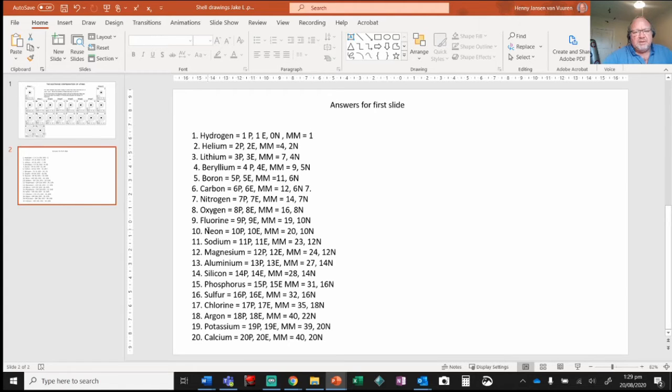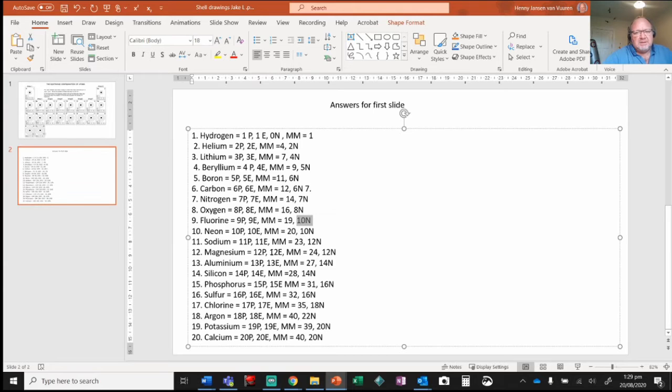Let's look at neon: 10 protons, 10 electrons, molecular mass of 20, and that means it's got 10 neutrons. Fluorine: 9 protons, 9 electrons, molecular mass of 19, and 19 minus 9 is 10 neutrons. So that's really well done.